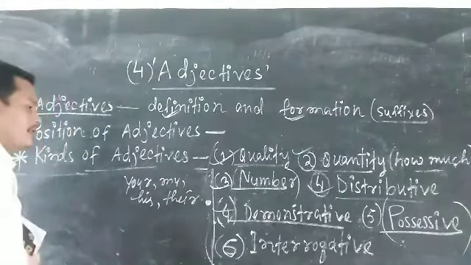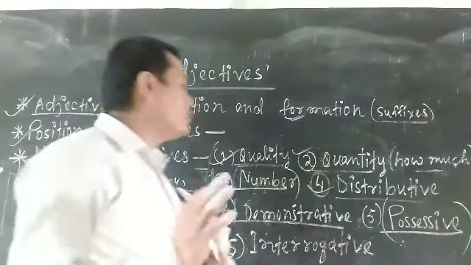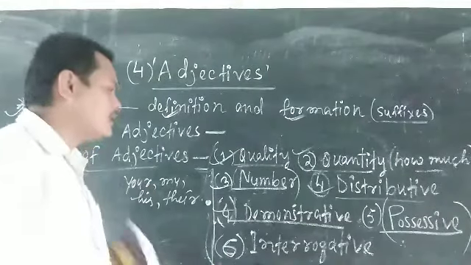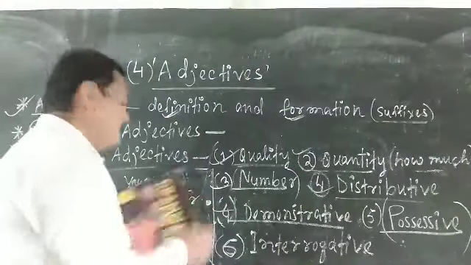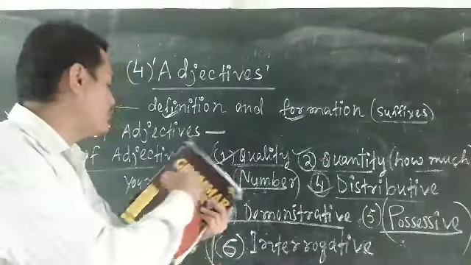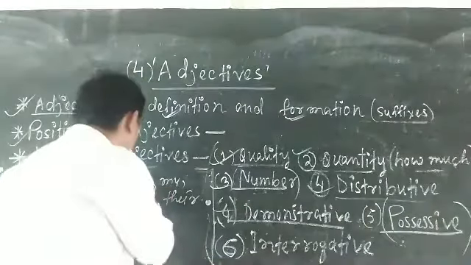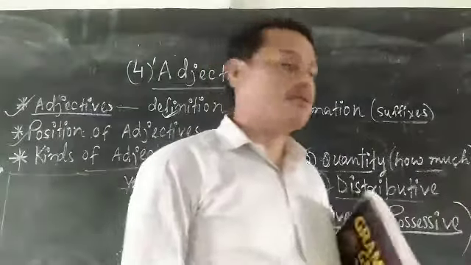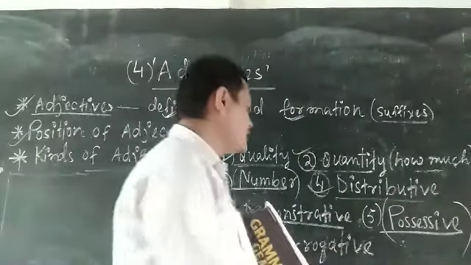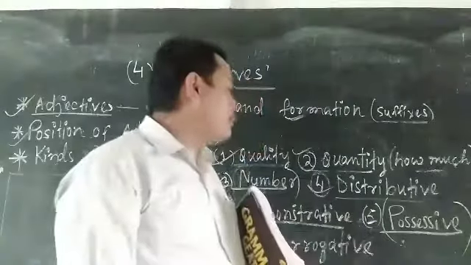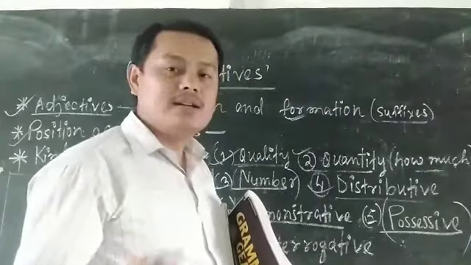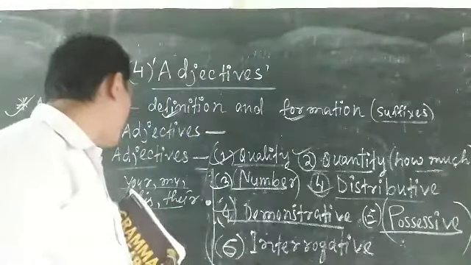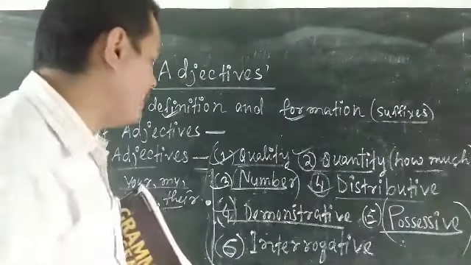So these words are used to show the possession of the thing. This is your book, that means this book is yours. This is my book, it means this book belongs to me. So such words are called possessive adjectives or adjectives of possession. So you can define it: possessive adjectives are those words which are used to show possession. For example, your, my, his, their, etc.